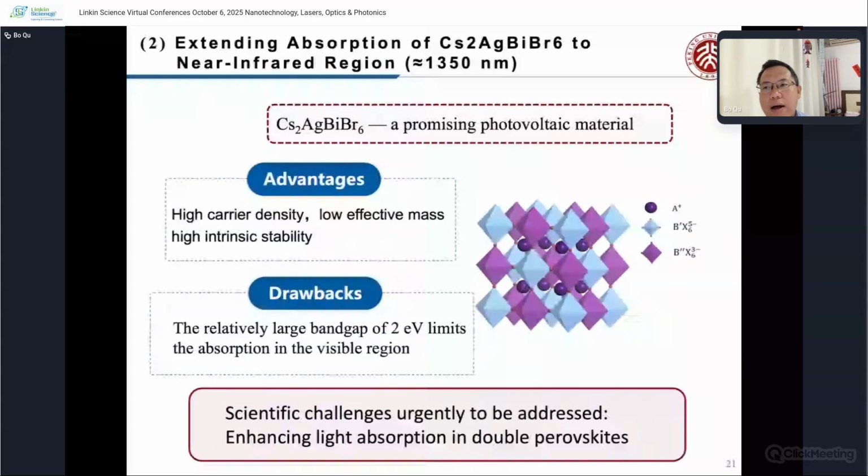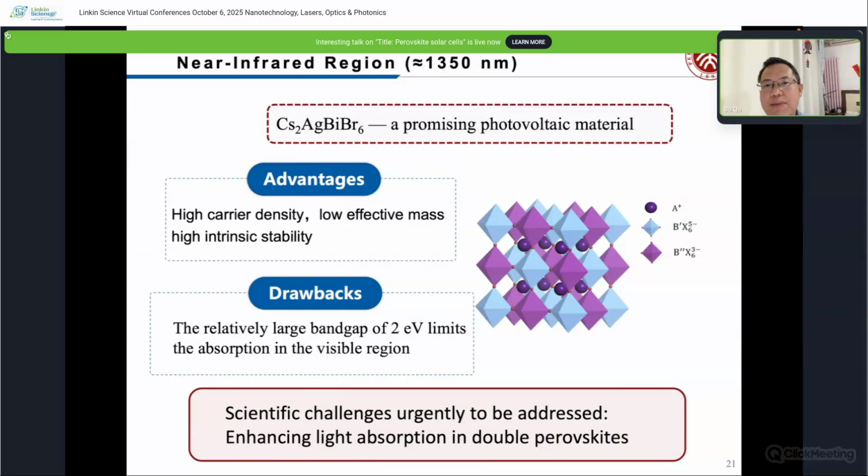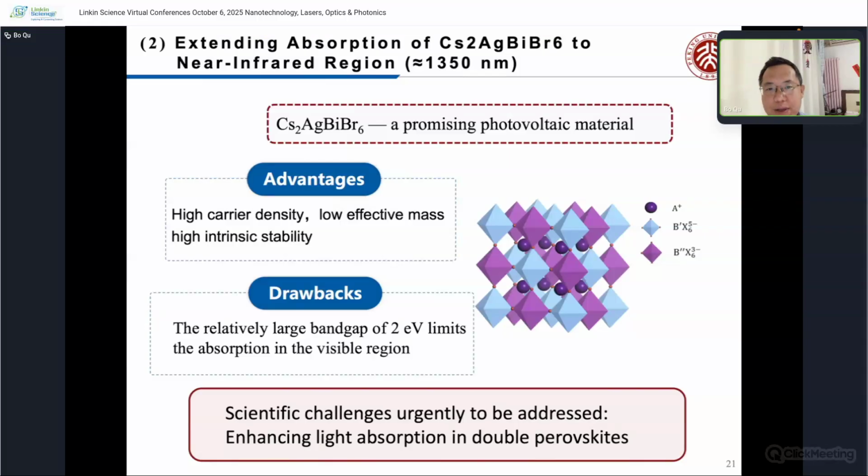Let's discuss another work on extending the absorption of cesium silver bismuth bromide to the near-infrared region, approximately 1,350 nanometers.